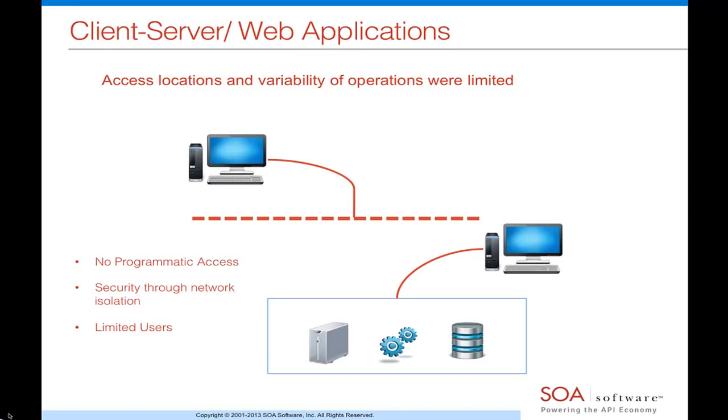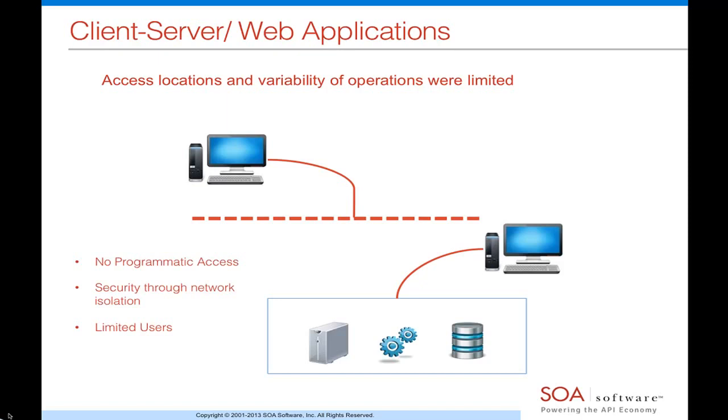You had specific applications with a client that was very tightly coupled with the application, the database, and the backend. There was no programmatic interface that the application exposed so that it could be consumed from any other medium. And so essentially, those applications were locked in by design.